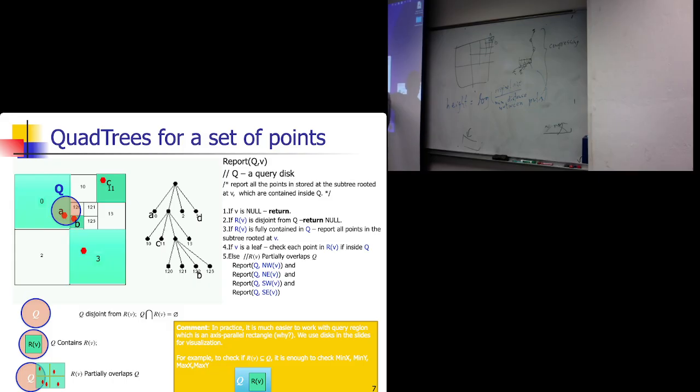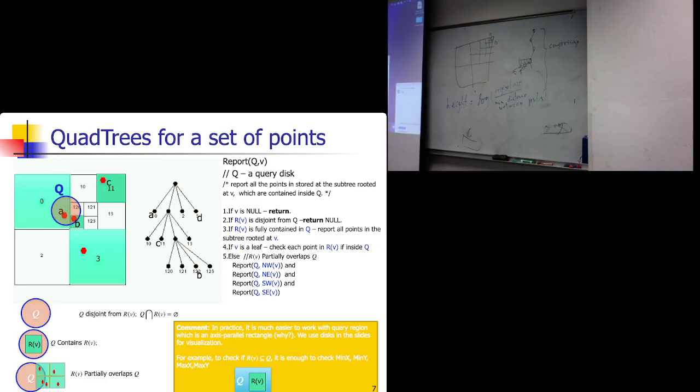Then I'm saying it's none of my business to decide which part is inside or outside. I'll let my 4 children decide for themselves. So I'm just calling myself recursively with each one of my 4 children with the same query. Just tell them about the query and let each one of them tell me who are the points they correspond to that are also inside Q.